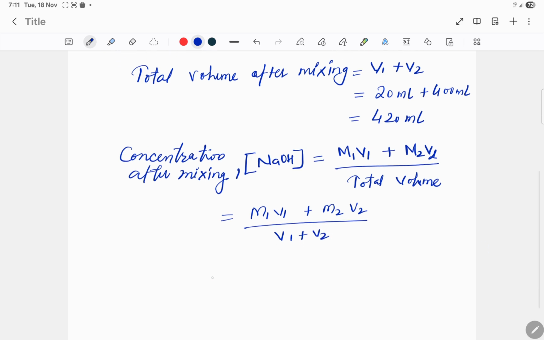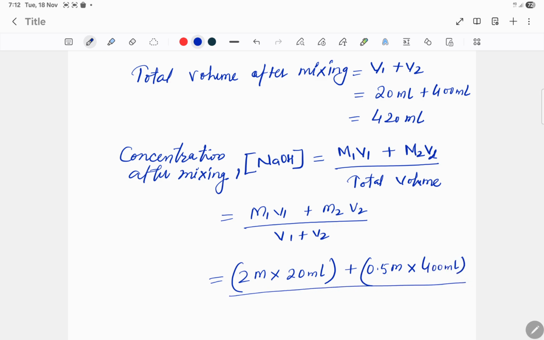We have calculated it. Now M1 is 2 molar multiplied by volume 20 milliliter, plus M2 is 0.5 molar and volume is 400 milliliter, divided by V1 plus V2, which we calculated earlier, 420 milliliter.